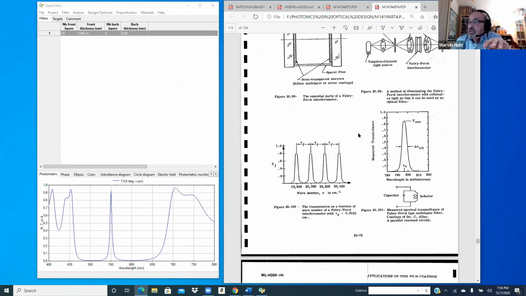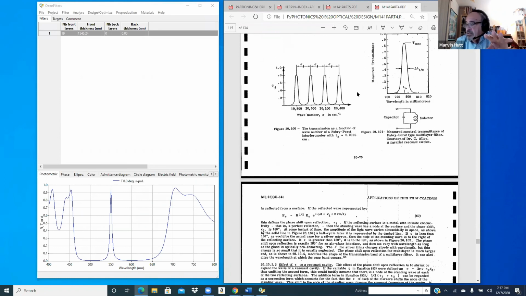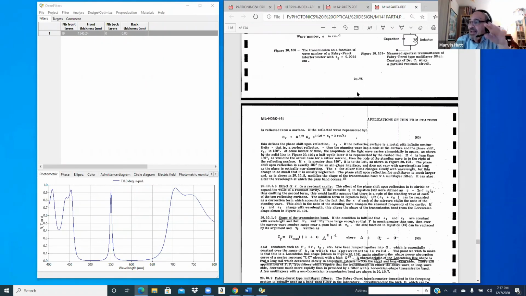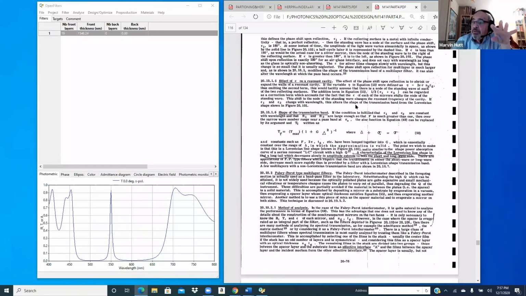Now, what else we do with this is if we scan this and differentiate it, then we can lock the experiment that we're doing onto the laser line. So we have a phase lock laser line or a phase lock wavelength, so we can optically pump atoms up and down at the exact wavelength that they need. So the Fabry-Perot interferometers are used all over the place for atomic quantum optical experiments, in which we have to be at that energy and hold that energy very, very carefully to cool the atoms. Okay, with me? We'll go through that later on.